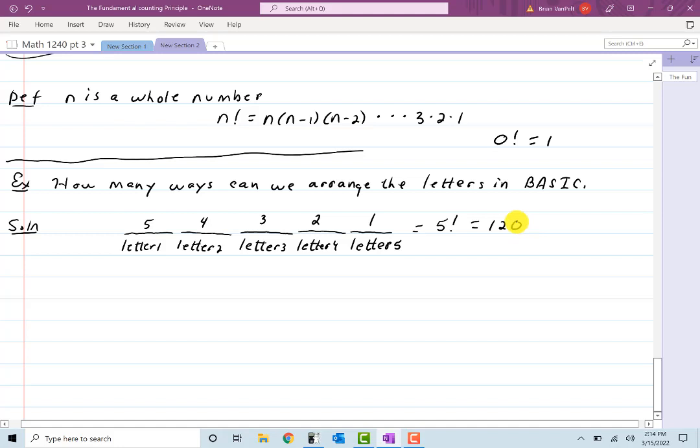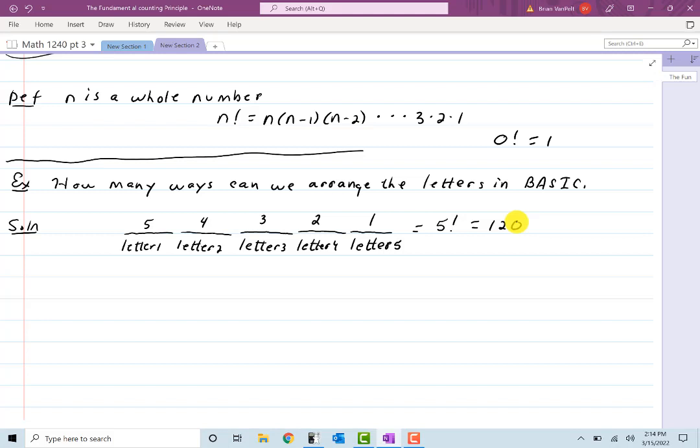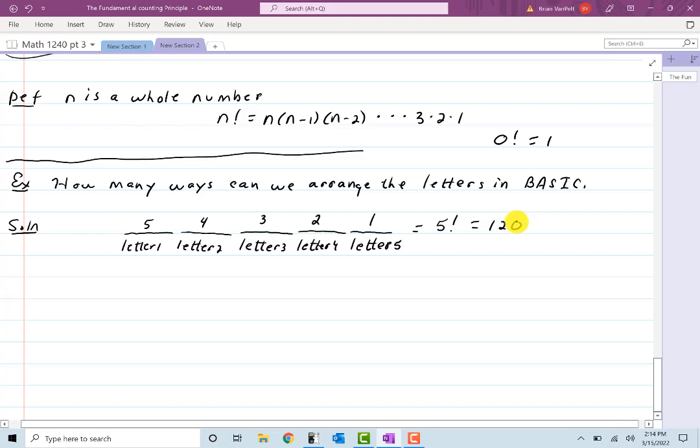Now, each of the letters in BASIC was different. That was 5 different letters. What happens when you have repeated letters?